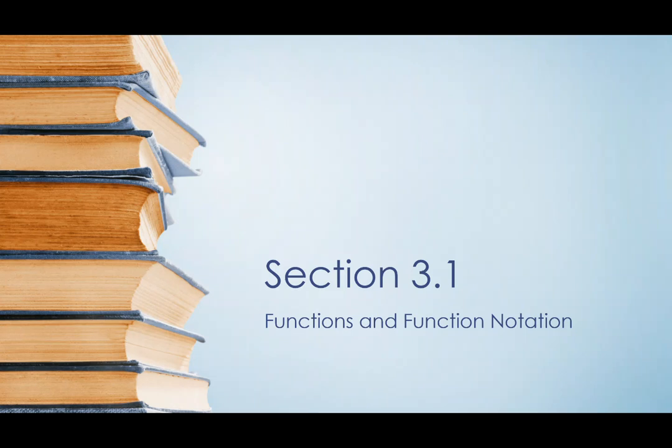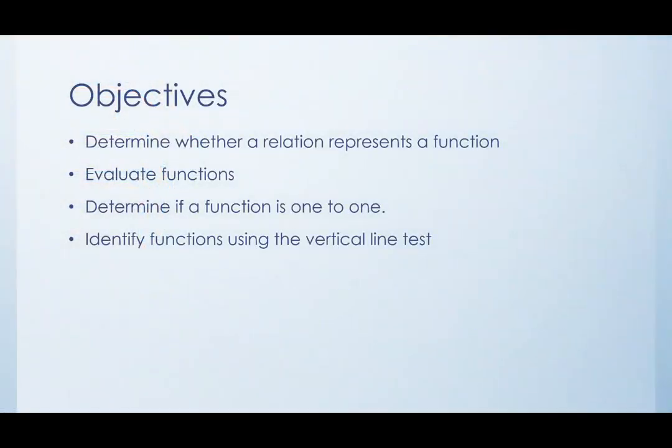All right, so in this video we start on chapter 3.1 in the book, which is about functions and function notation. So we are looking at whether or not a particular relation represents a function. That relation could come in the form of a set, a verbal description, so words, a formula, or a graph.